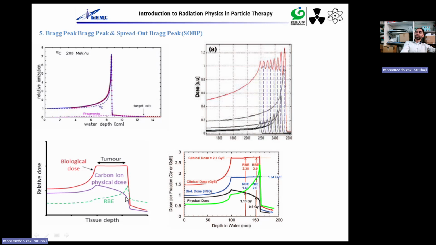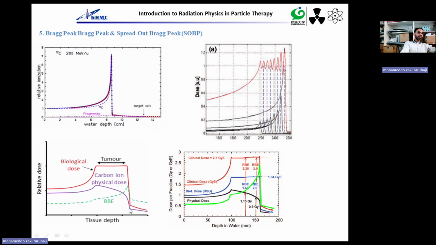It is changing, decreasing. Why? Because here it is a sum of many. It is not one. It is a superposition of sharp Bragg peaks. So each one will deposit some, then lose, some, then lose, some, then lose. Now, I forgot the physical dose formula.